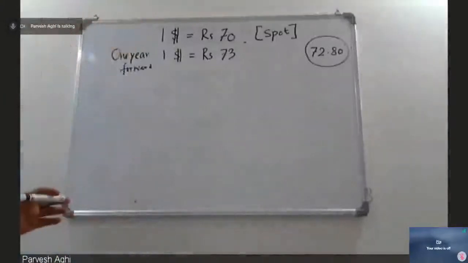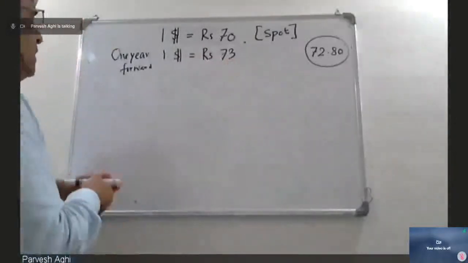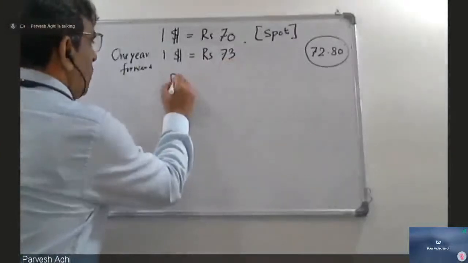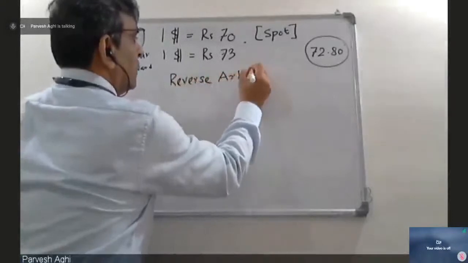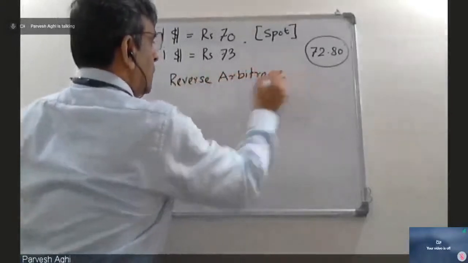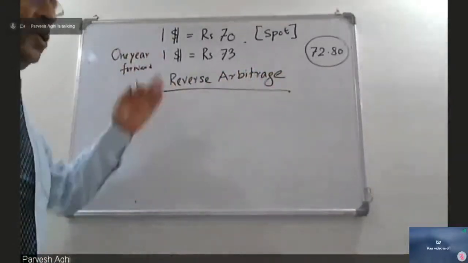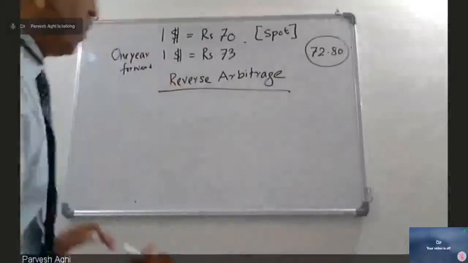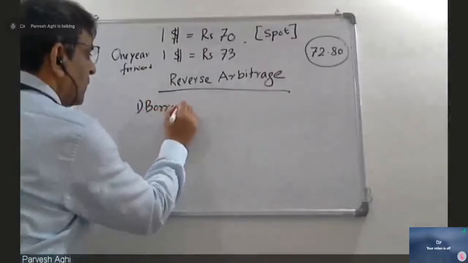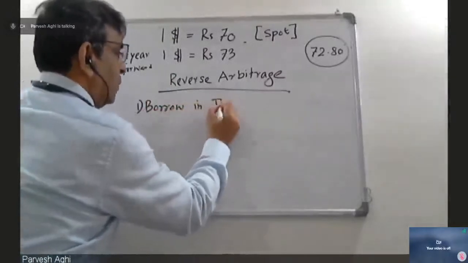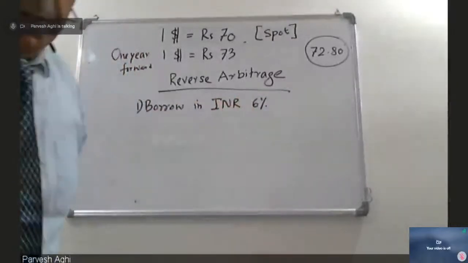Now, since the rupee has depreciated more than 4%, there is an arbitrage opportunity. It is called reverse arbitrage. Now, instead of borrowing money in the US, you are going to borrow money in India. So you borrow in INR, Indian rupees, at 6% per annum.